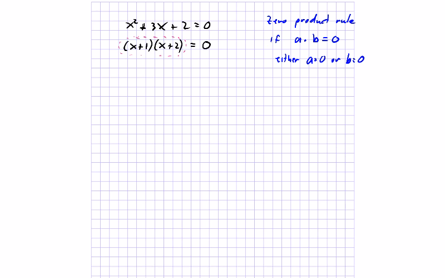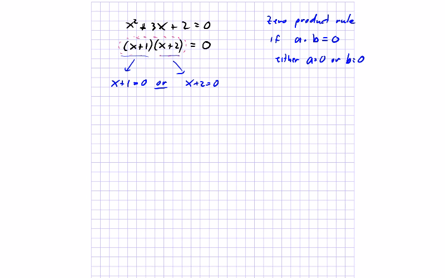So if we apply that to the problem at hand by rewriting our polynomial as the quantity x plus 1 times the quantity x plus 2, we can break this into two problems. x plus 1 must be 0, notice it's the word or, x plus 2 must be 0.